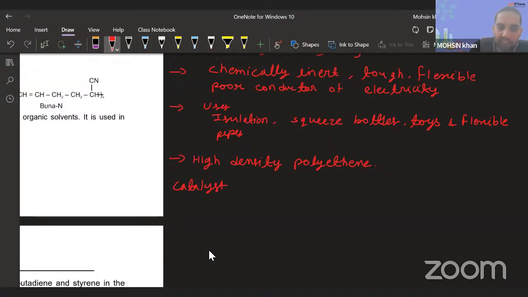The catalyst is basically triethyl aluminium, (C2H5)3Al, and titanium tetrachloride, TiCl4.